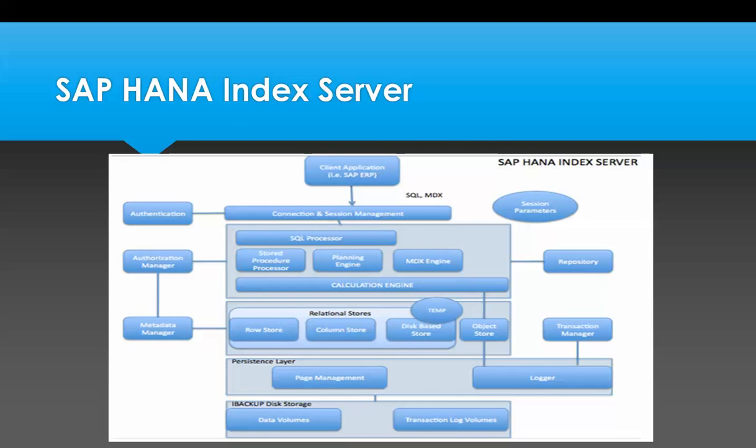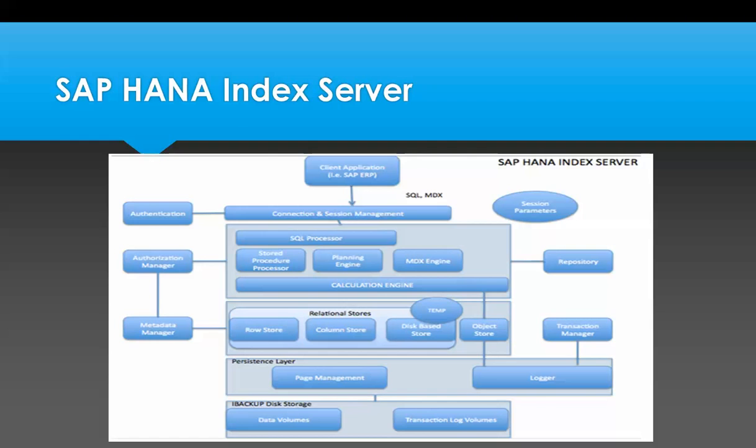Then we have the calculation engine. It basically converts all the data into the calculation models, and it creates logical execution plans to support parallel processing so that all those processing can be done in parallel. So the purpose of calculation engine is creating the calculation models and creating those logical execution plans.